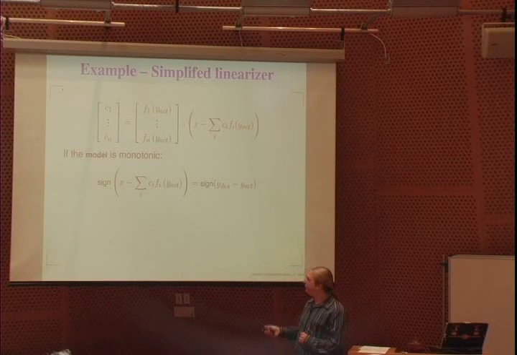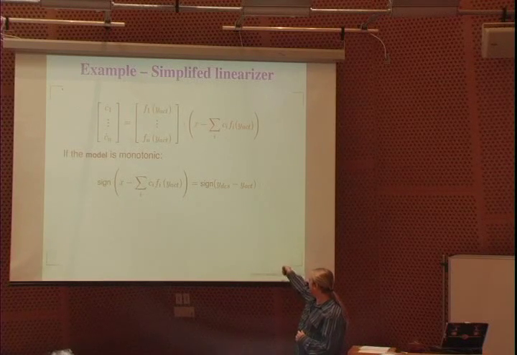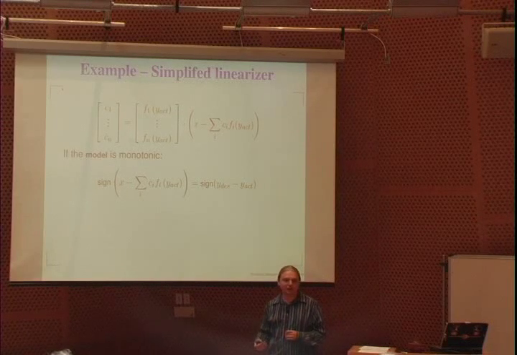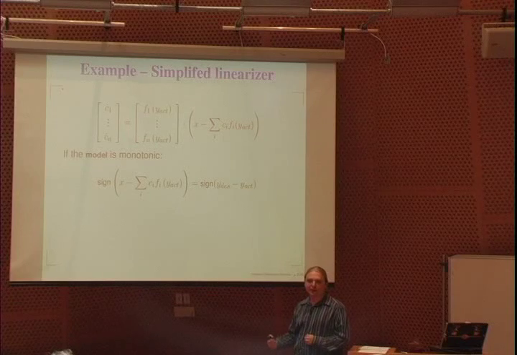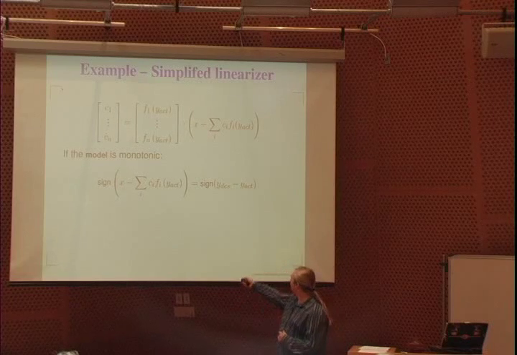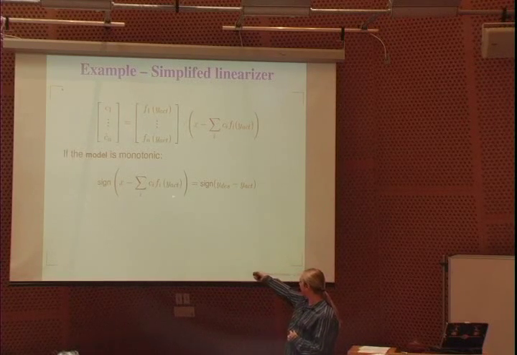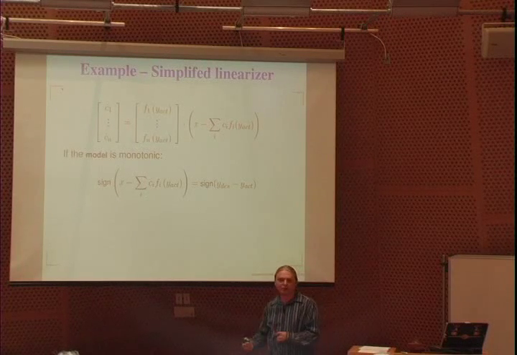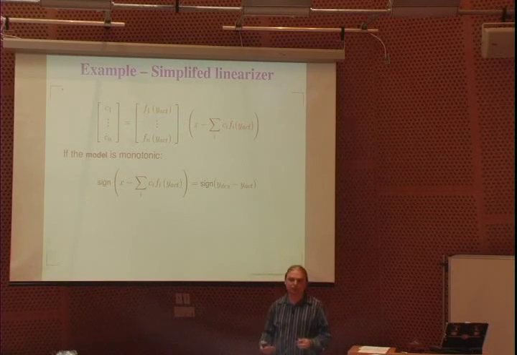I can make an approximation that the sign of that thing is just equal to the sign of the desired value of y, the input value of y, minus the sign of the actual value of y, the one that's being output by the system. The reason that this works, I won't explain this in detail. X is the desired value of y run through the model. This is the actual value of y run through the model is just this thing. So I'm running both of these through a monotonic function, and so it doesn't change sign.